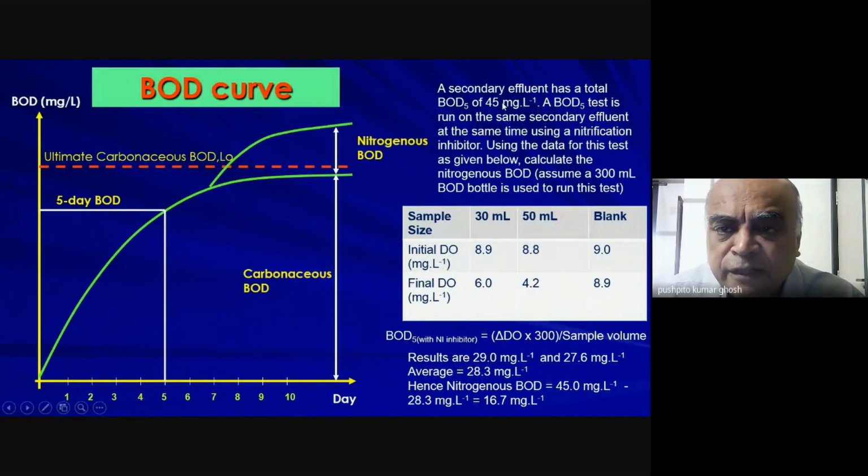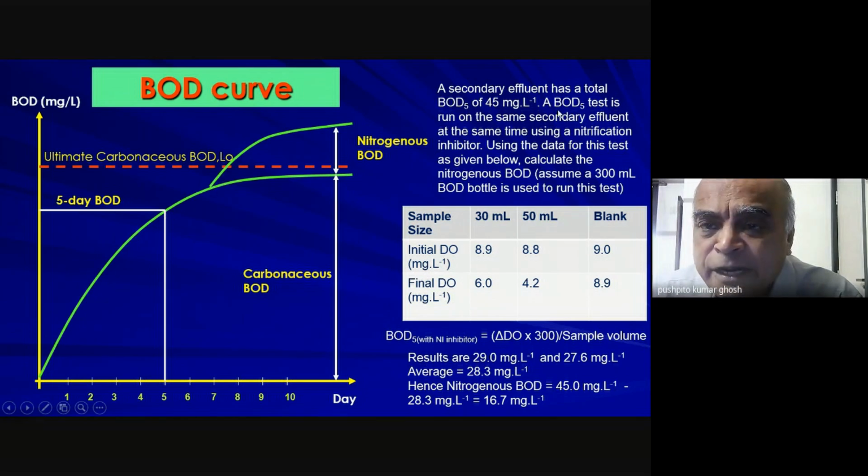So let's look at this particular problem. It says a secondary effluent has a total BOD5 of 45 milligram per liter. When it says total BOD5, it means that I did not do anything to segregate the subsequent oxidation of nitrogenous constituents. So it would be total due to the carbonaceous plus the nitrogenous.